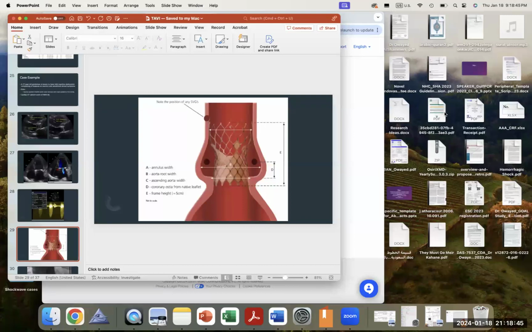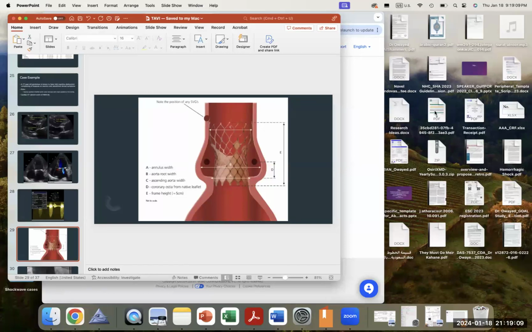And not only that, the valves are getting better every year. So I would go with PCI before TAVI in a patient with pre-existing coronary artery disease, with TAVI deferred. Okay, I think I answered this question.